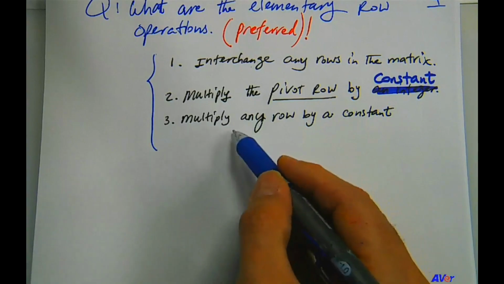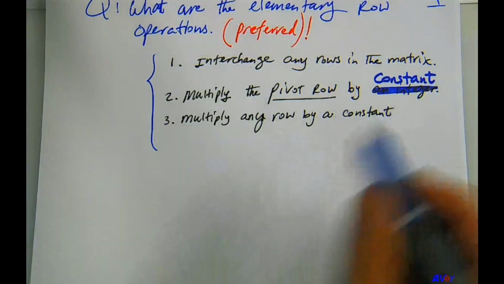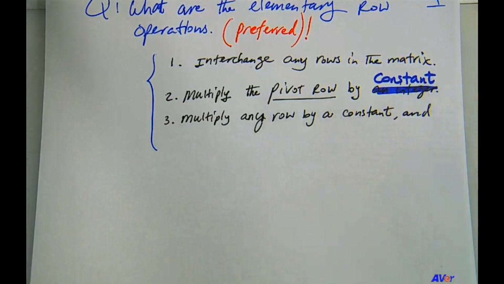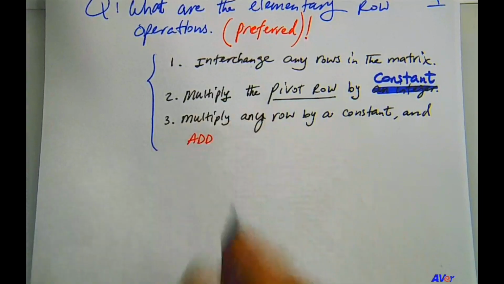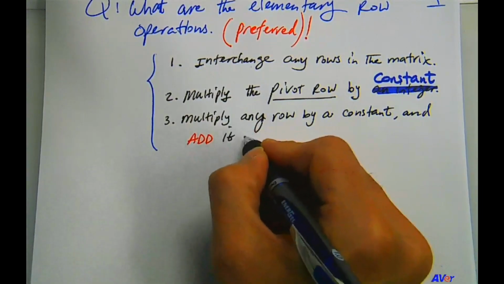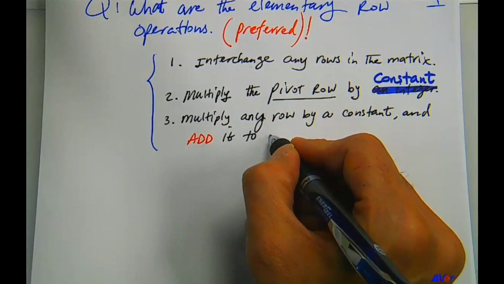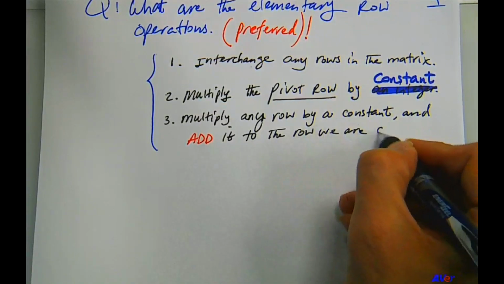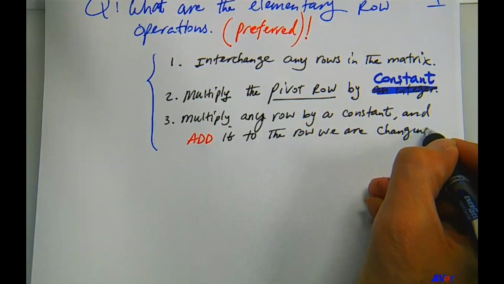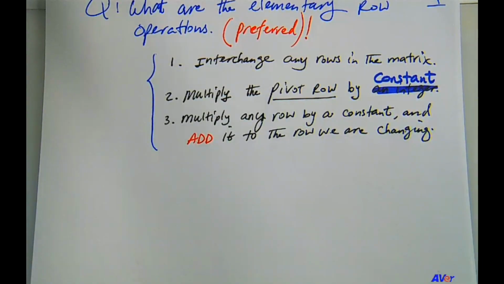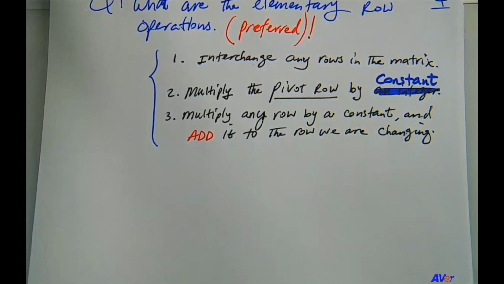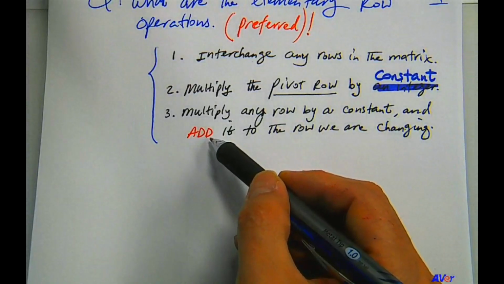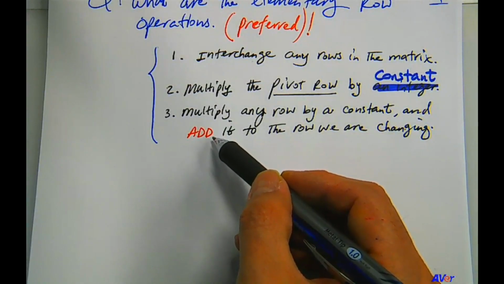And then multiply any row by a constant and add it to the row we are changing. Notice here, I wrote this add in red ink because we do not want to subtract.